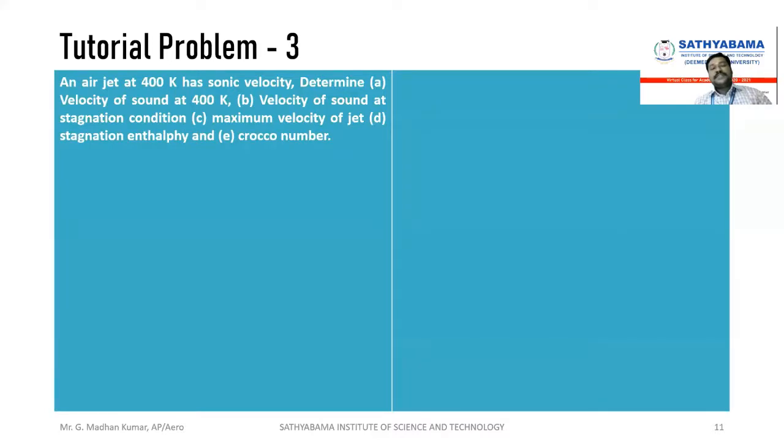If we find the value of C max, then C max square by 2 will be your stagnation enthalpy H naught, and then propulsion number. Right? So the following parameters are there, step-by-step calculation. So we have to find the new thing, and from the new thing we have the other new thing. So we are finding it step-by-step. So let us evaluate step-by-step. First write the given data.